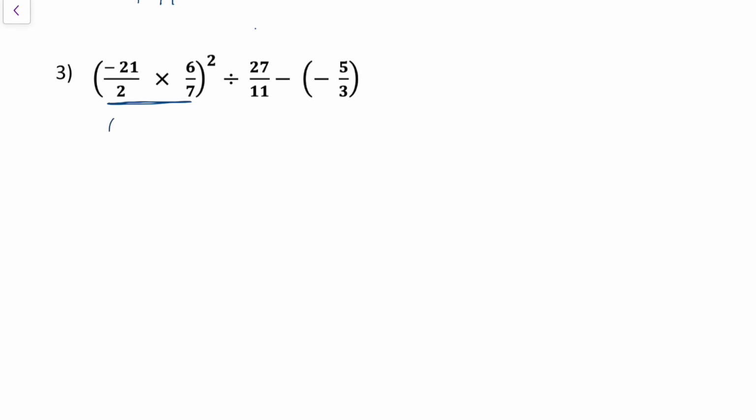So I end up with (-9) squared divided by 27/11 minus a -5/3. So now that I've solved everything that I can inside of the brackets, I'm going to do my exponent. And (-9) squared is a positive 81.